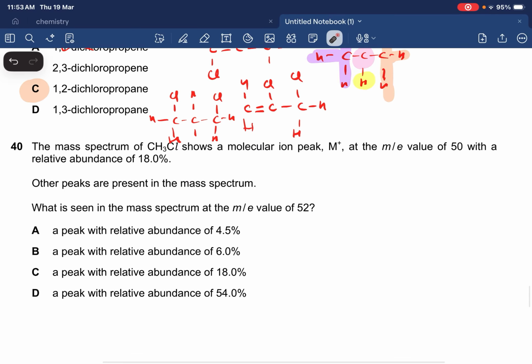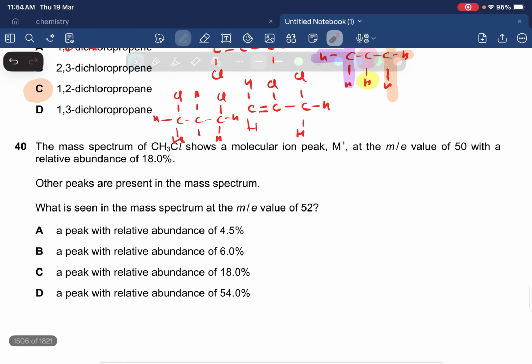The mass spectrum of CH3Cl shows a molecular ion peak at 50 with a relative abundance of 18%. Other peaks are present in the mass spectrum. What is seen at the value of 52?